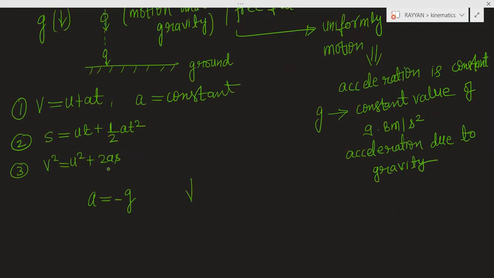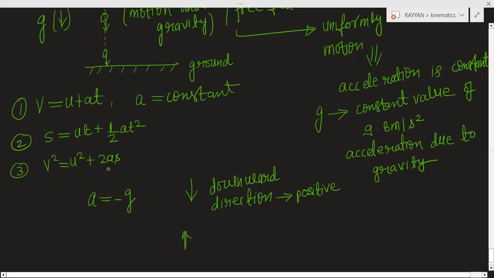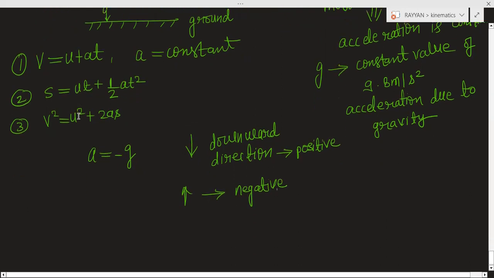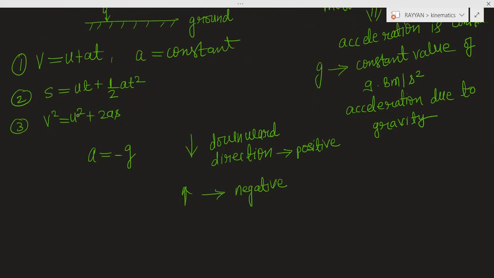So put the value of g in all these equations, and you will get the equations of motion for free fall.